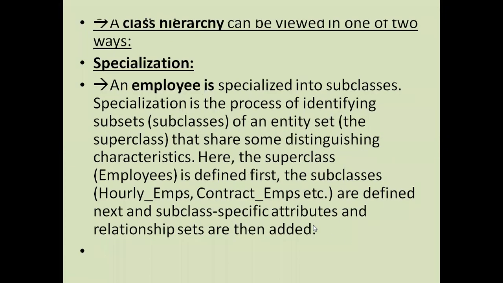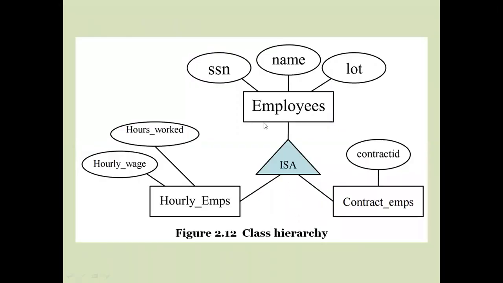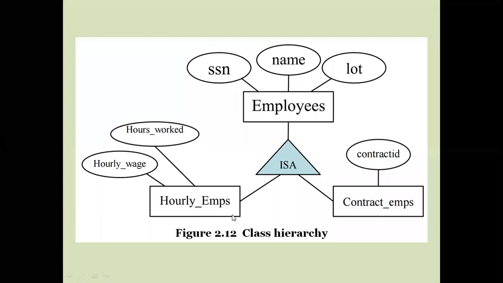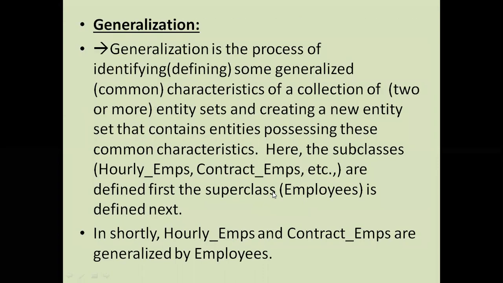For example, if you observe here, in specialization we first specify the employees. Next, in those employees, maybe consider the two categories: hourly employees and contract employees. If you give the explanation like this, it is specialization. In the case of generalization, first define the subclasses. That means first of all, different types of employees are there: hourly employees, contract employees. We can combine them into employees. That type of explanation is generalization.